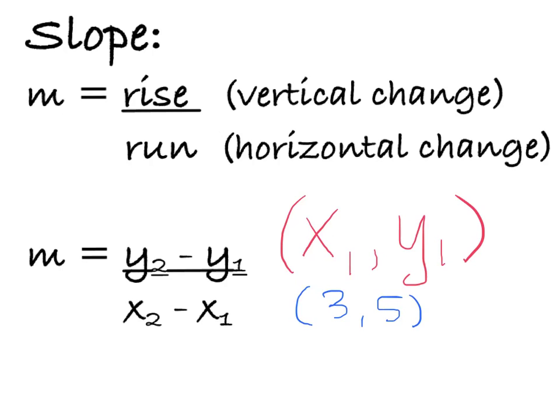And my second ordered pair, which would be x sub 2, y sub 2, might look like this, 4, 6. So then I would plug these values into this equation. So in the next slide, I'll run through some examples on how to do that. So make sure you have your notebook and your pencil handy for the next two slides.